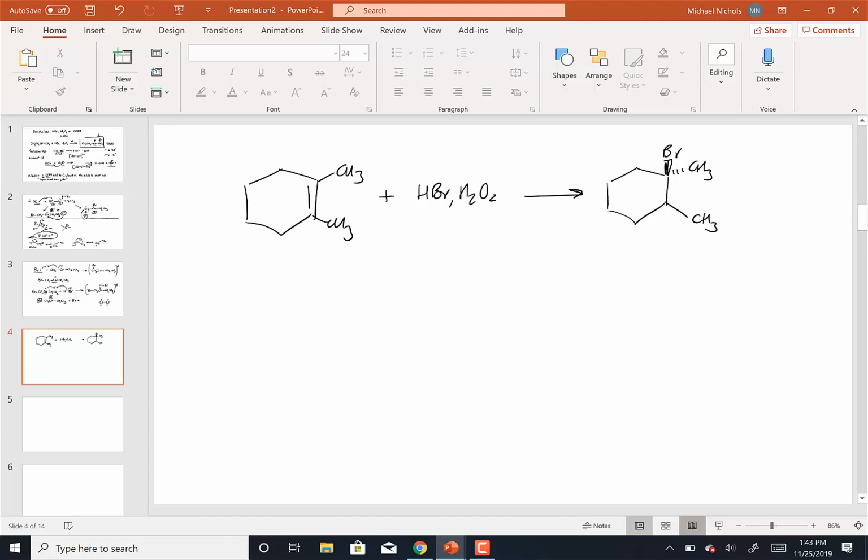And I now have my radical. And I'm trying to draw that p orbital so it comes towards you and away from you. So if the ring was like this, it looks like that. So maybe I added the Br up here, and the methyl group is there, and then the methyl group's coming out towards you.